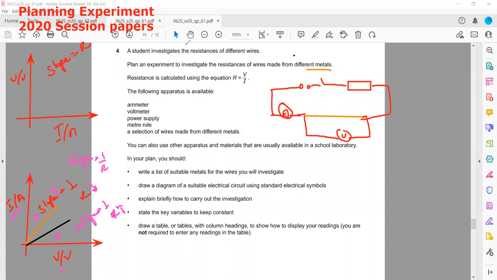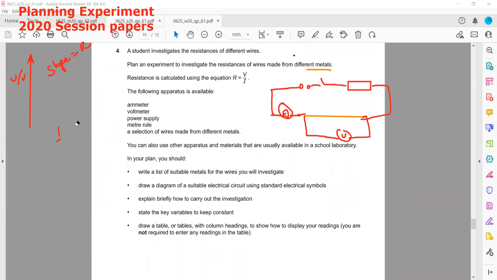So how we plan the experiment: first, write a list of suitable metals for the wires you will investigate. Normally we can have copper wire, common apparatus. We can have aluminum, because aluminum wires are also there.